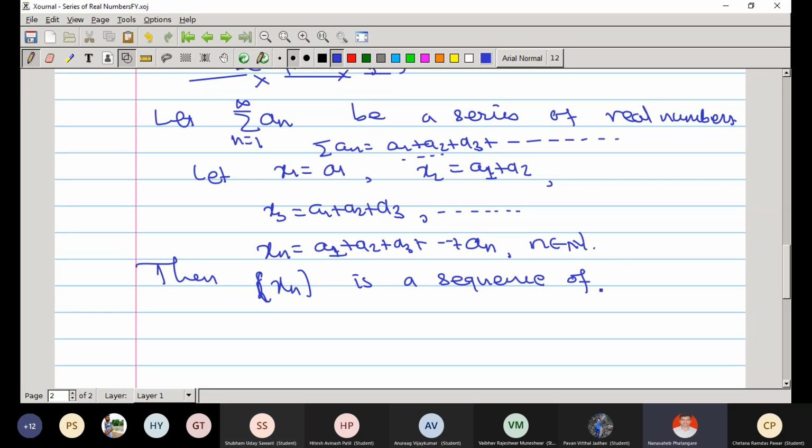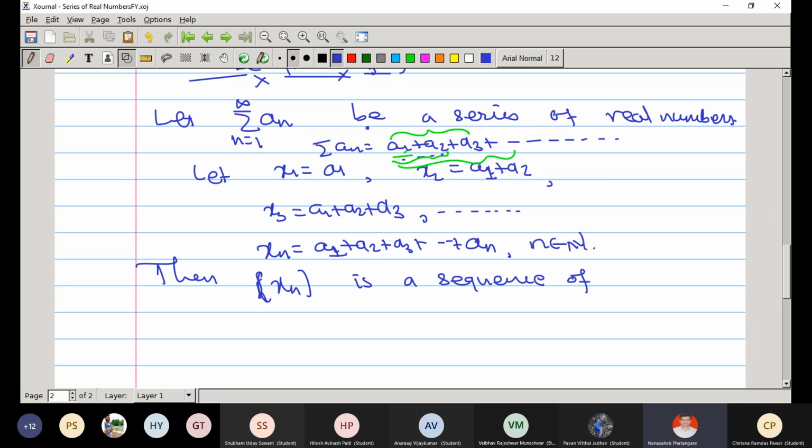X1 has a specific value, x2 has a specific value. We cannot interchange x1 and x2 because x2 means the sum of two terms in the series. So x1 is this, x2 is the sum of two numbers, x3 is the sum of three numbers, x4 is the sum of four numbers. We are adding one by one every time.